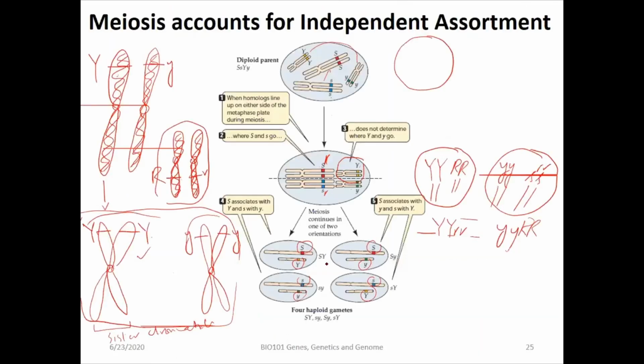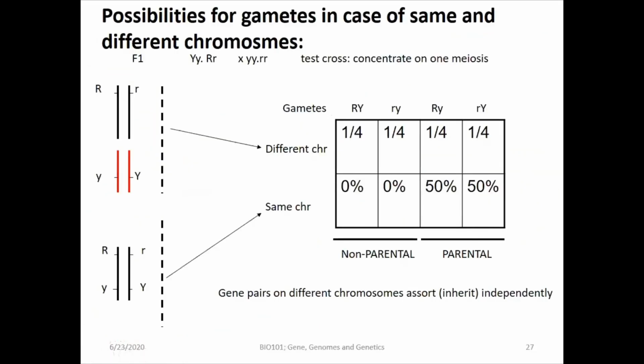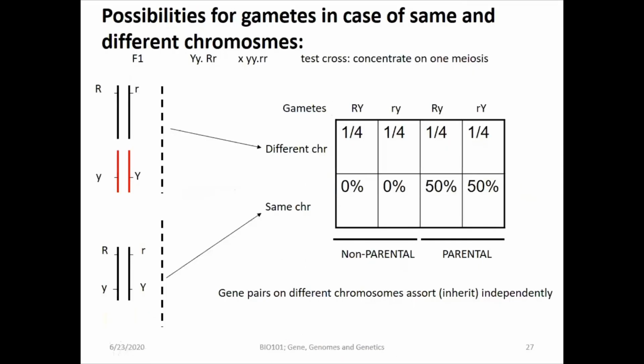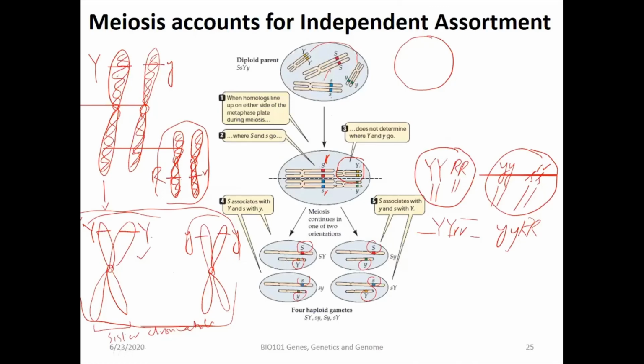So if you understand Mendel's two laws and these concepts of inheritance during meiosis and independent assortment, you will have real fun going to Morgan's experiments, which really challenged Mendelian laws. And the question Morgan threw was, what will happen if I have both yellow and round on the same chromosome instead of on different chromosomes?